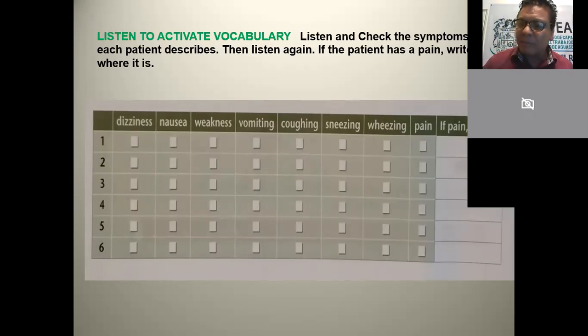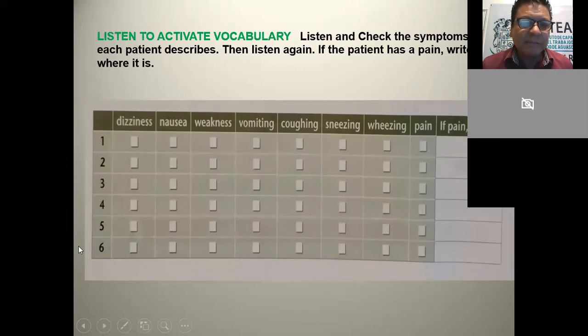What kind of problem does he have? Dizziness? Okay. He has, or he feels he has dizziness. He has dizziness. Weakness. What else? Do you listen something more about weakness?